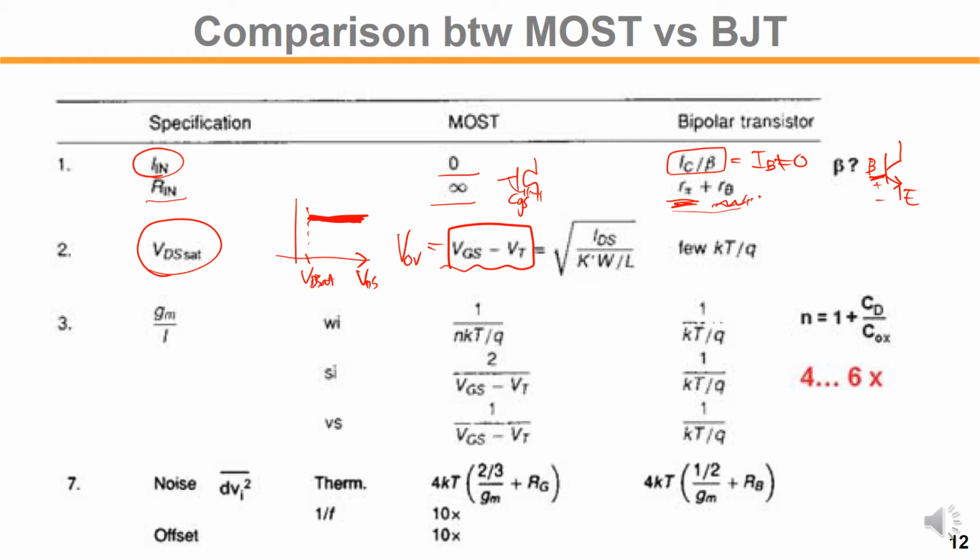As long as VDS is greater than VDSsat, then the MOSFET works as a voltage-controlled current source. Similarly, the bipolar transistor requires certain VDSsat, that is a few kT over q, approximately like 0.2 volt. So this is fixed.